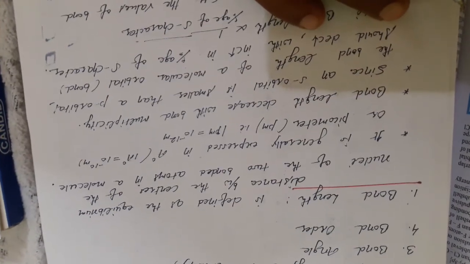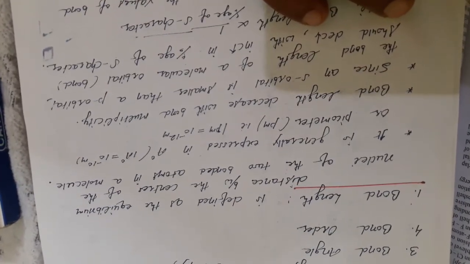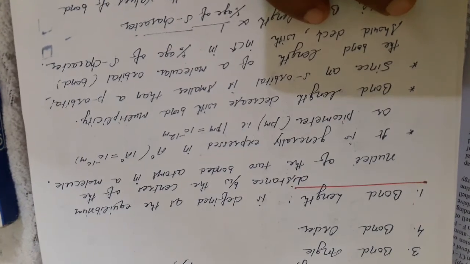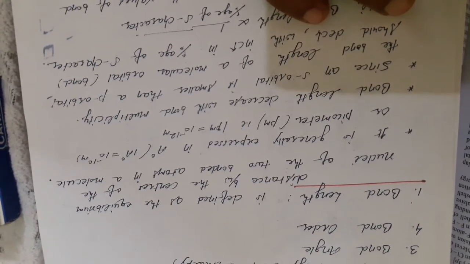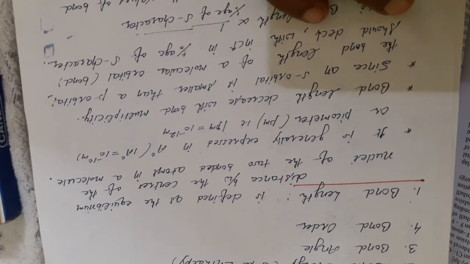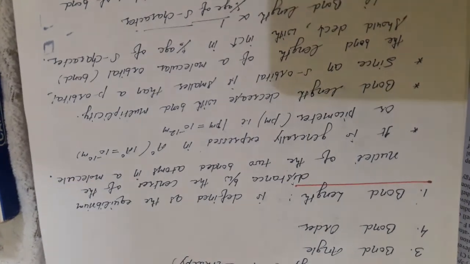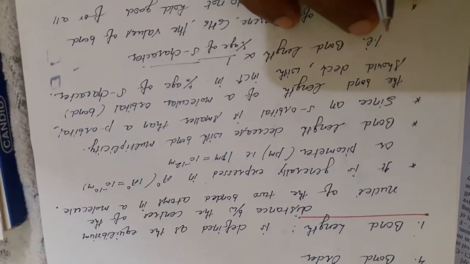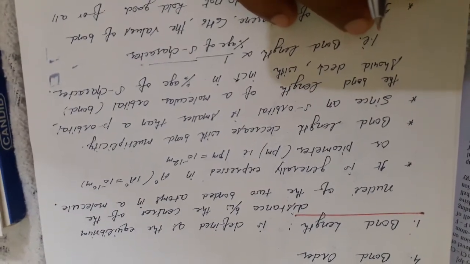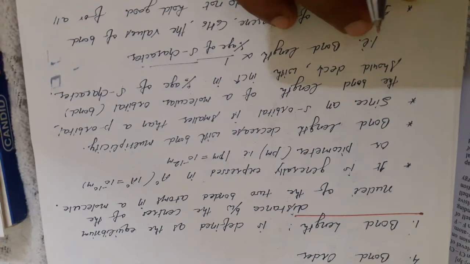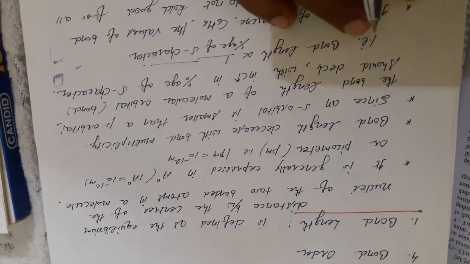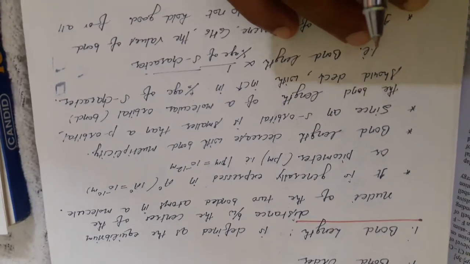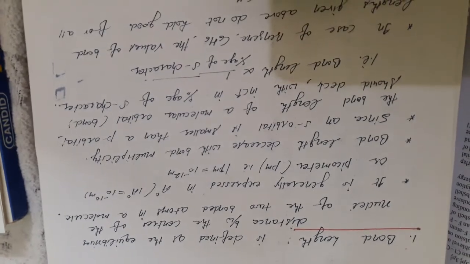Second, bond length decreases with bond multiplicity. That means when the bond order increases, like single bond, double bond, triple bond, the bond length will decrease. Third, since an s orbital is smaller than a p orbital, the bond length should decrease with increase in percentage of the s character.